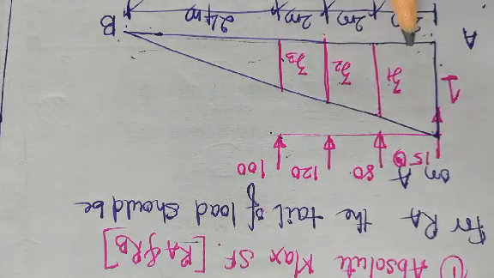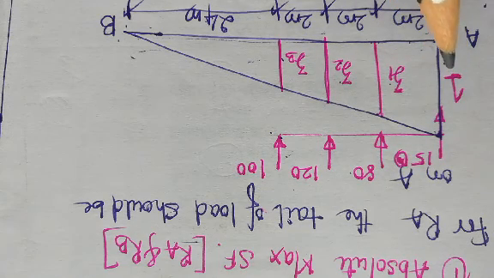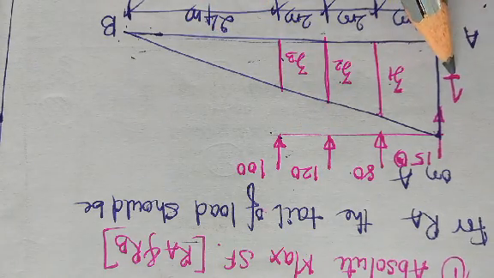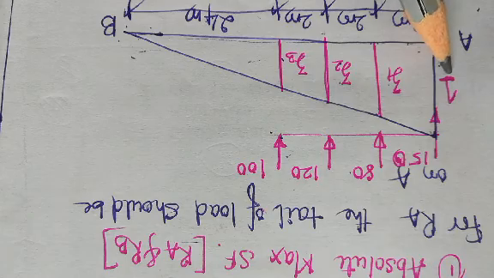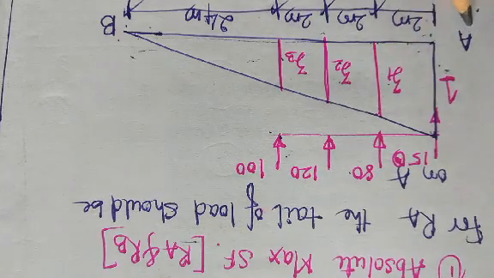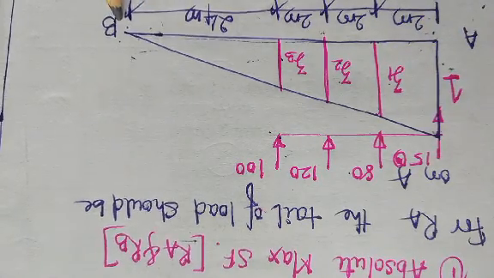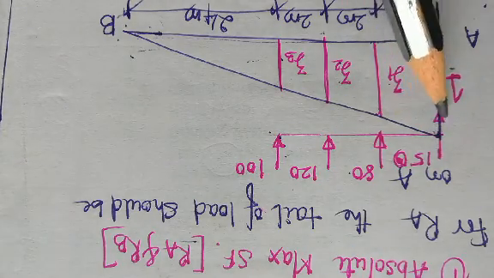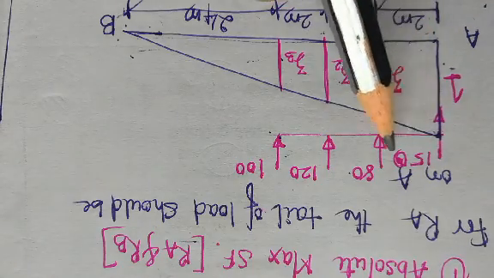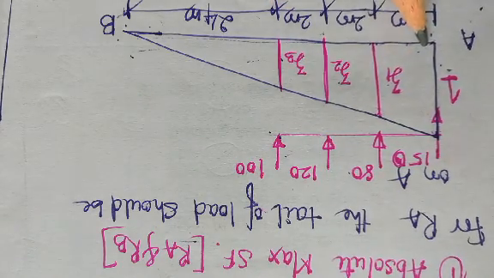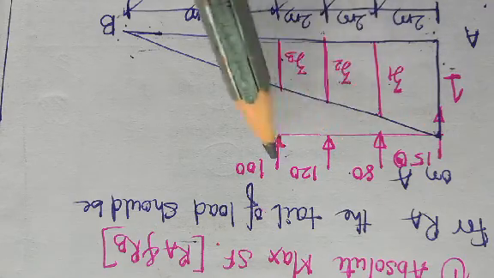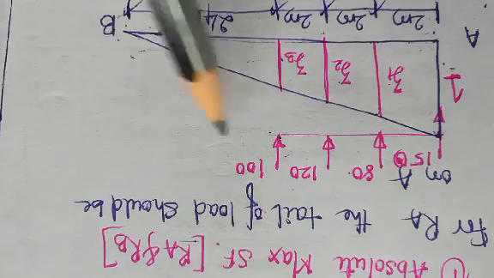This is the triangular influence line diagram with 1 as the maximum ordinate at A and 0 as the minimum ordinate at B. The tail of the load should be on A, that's why we have kept the 150 load on point A, and with respect to the 2 meter distances we have placed the other loads, that is 80, 120 and 100 kilonewton.